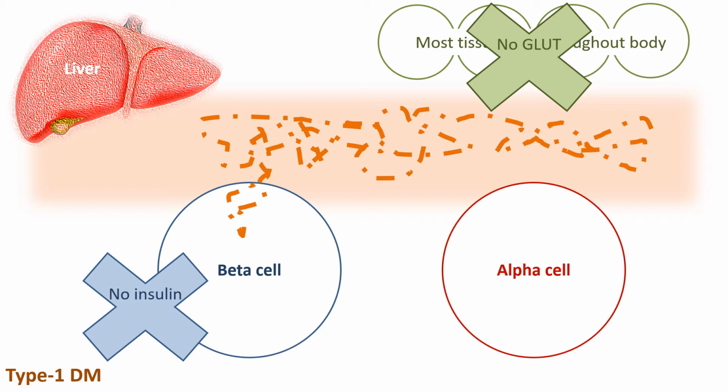Unfortunately, in this case, of course, the beta cells are either dead or dysfunctional, so it doesn't stimulate the production of insulin. Because there's no insulin, there's going to be no increased GLUT expression in most of the tissues throughout the body, so that glucose that's in the circulation cannot be taken up by those cells.